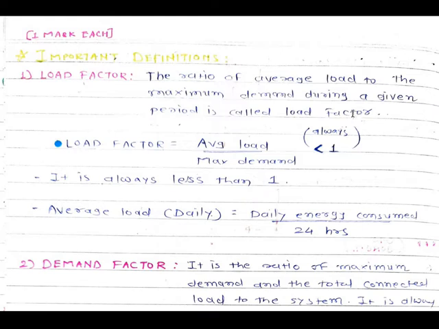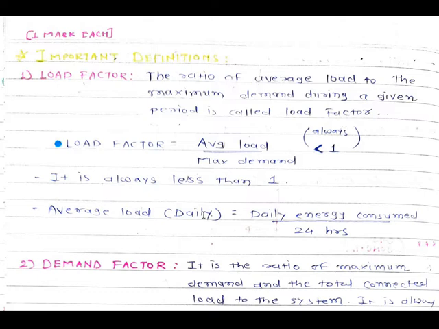So load factor is given by average load divided by maximum demand. Average load is calculated for a particular time period, and maximum demand is for the same time period. And the value of load factor is always less than 1.